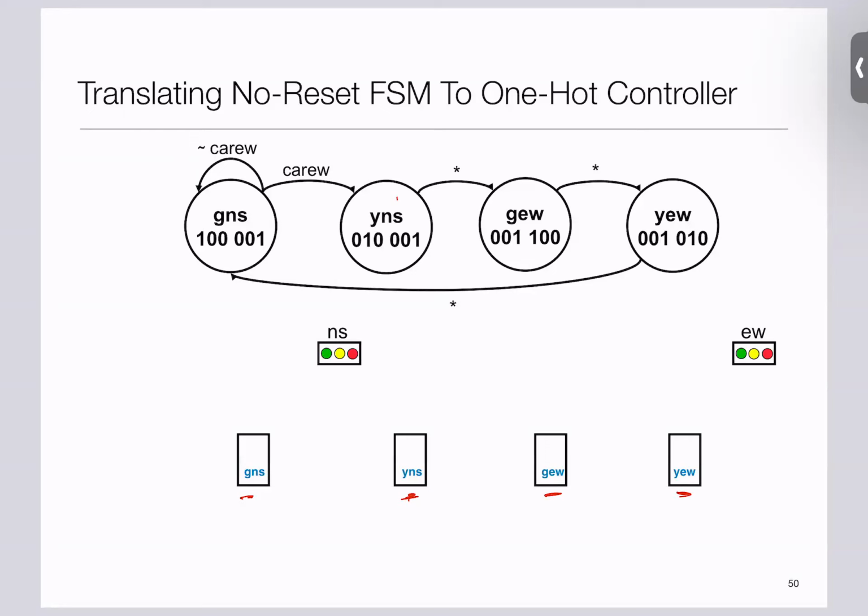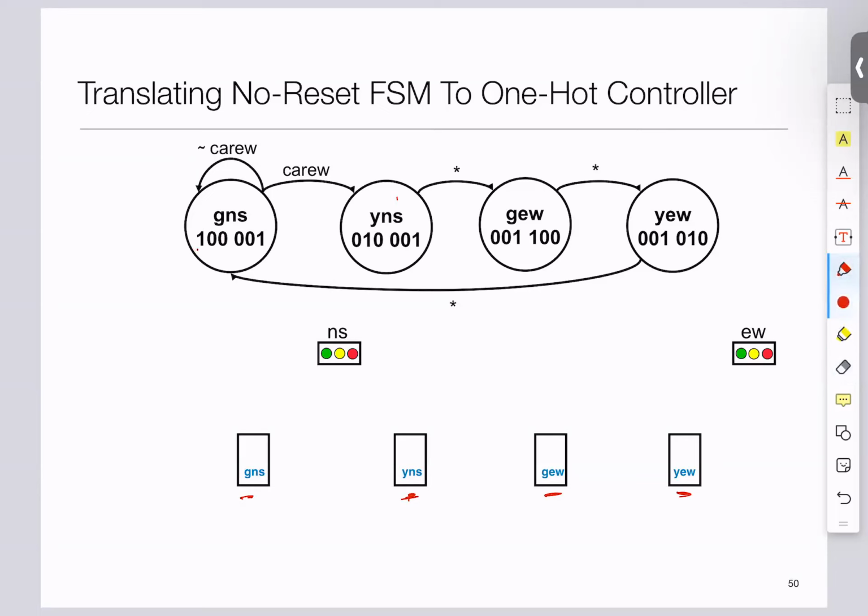So now, firstly, looking at this, you can easily see how I can control the light. Let's say I've asked you to control the green light north-south. Well, looking at this, we see that the green light north-south is high when I am in the state GNS.